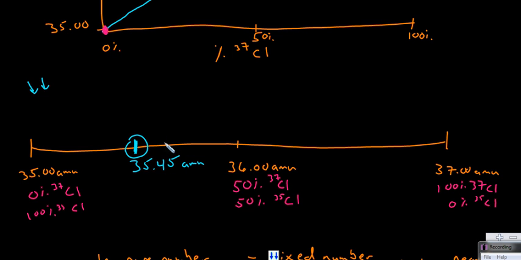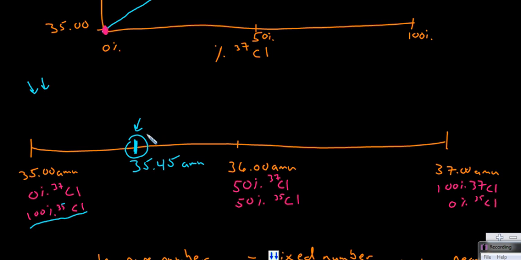And so our first question is, which is more prevalent, chlorine-35 or chlorine-37? Now, you know that if you have 35.00 atomic mass units as your weighted average, then you have 100% chlorine-35. And if you have 37 as your weighted average atomic mass, then you have 100% chlorine-37.